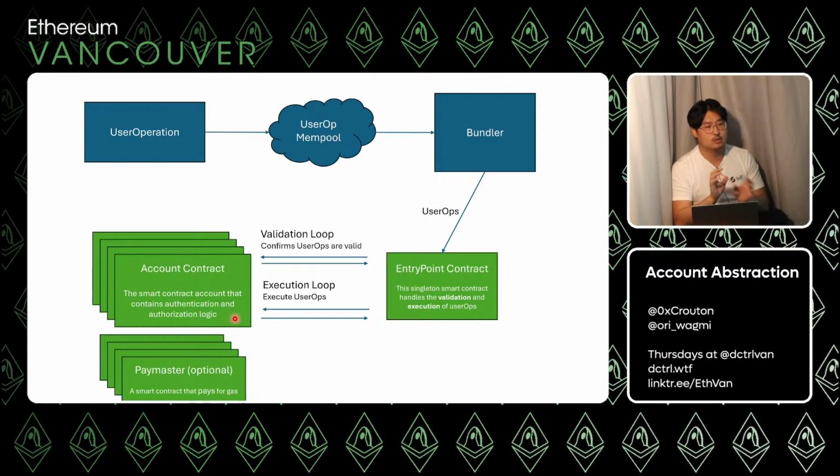So it'll call execute with each of the user ops, and then it'll do the on-chain stuff that you'd expect. And then optionally, if there's a paymaster, some other contract that's sponsoring gas, the entry point can call into the paymaster and get some gas back. So that's the on-chain part.